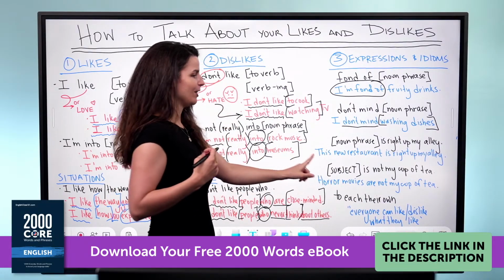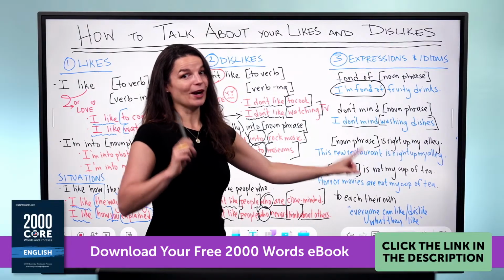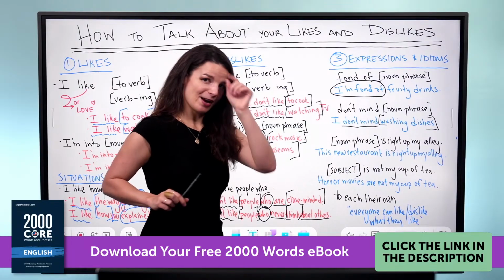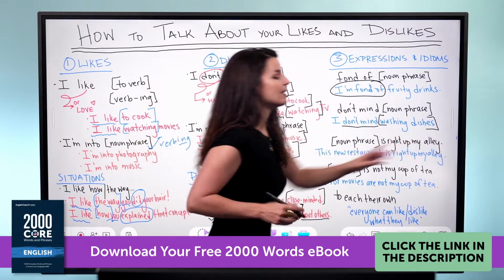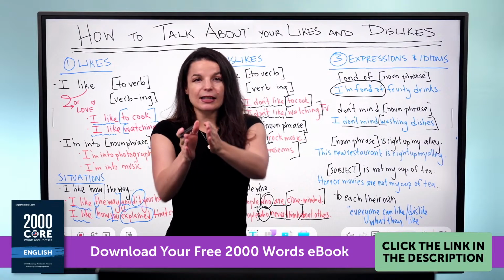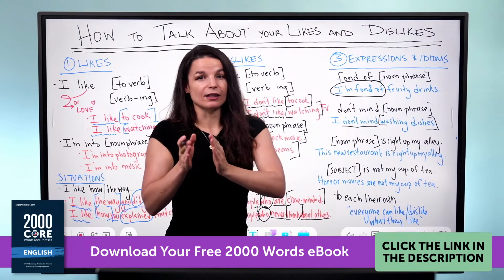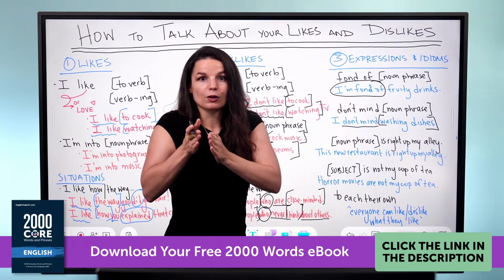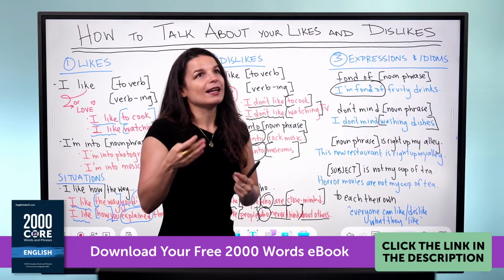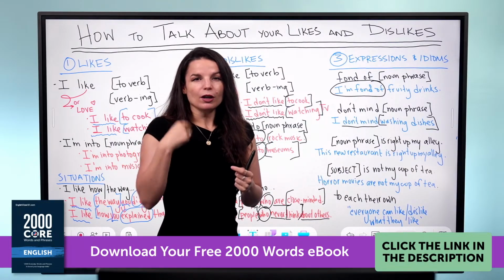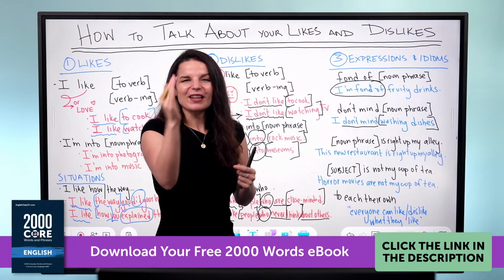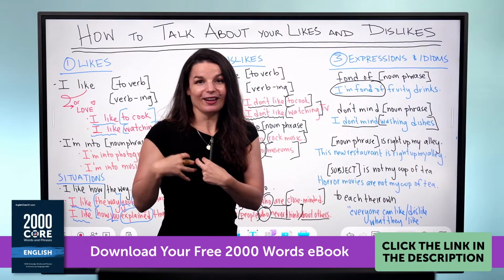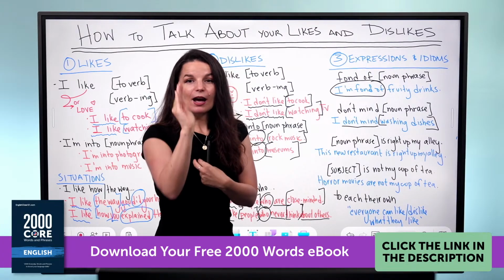For example, this new restaurant is right up my alley. Alley means a very small city street, like an old style city street that's very, very narrow. So the idea is that the alley is our little interest, something that's perfect for us. Yeah? So noun phrase is right up my alley.